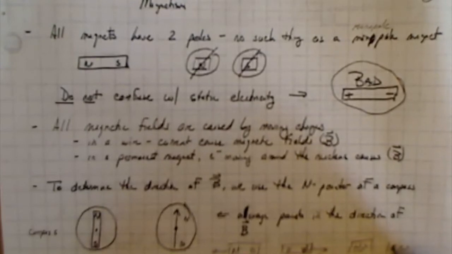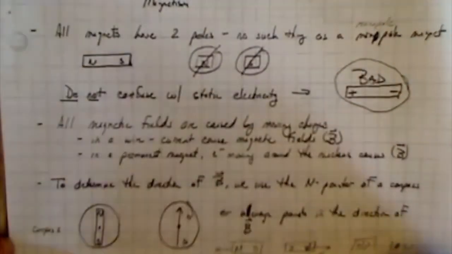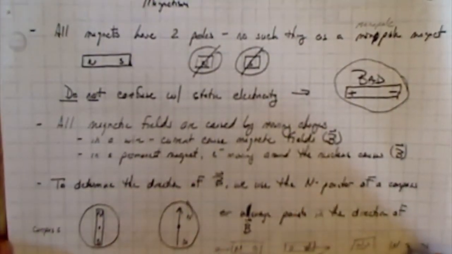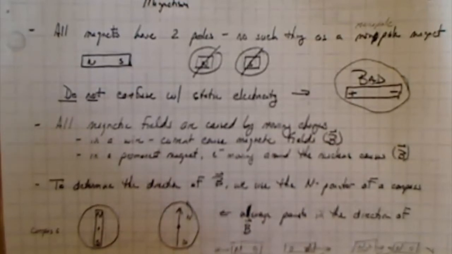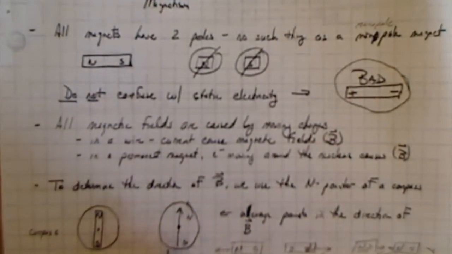Sorry, goofed that one up. Let's clean that up. North-south, north-south. Those guys are going to attract each other. They're both going to pull in. These guys are going to repel each other, which means the north pointer of the compass is always going to be attracted to a south pole and repelled from a north pole.